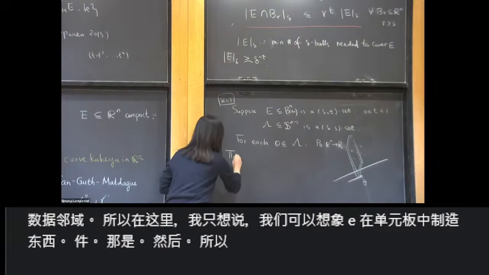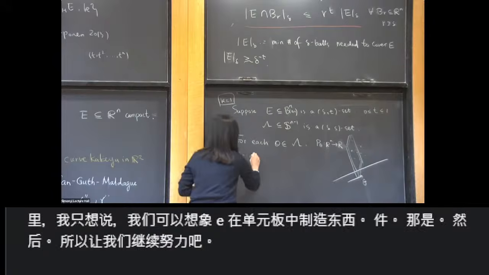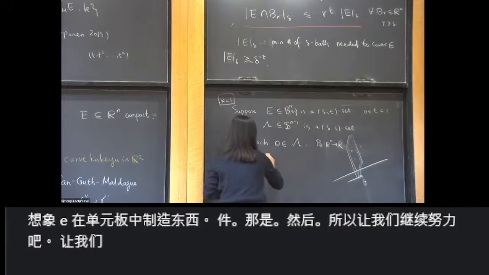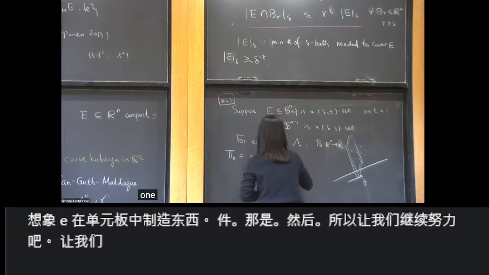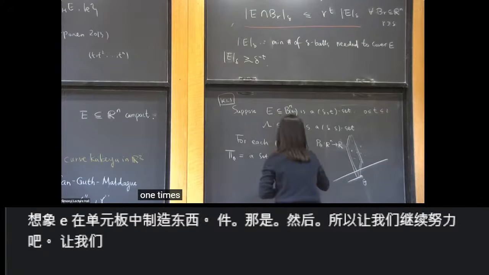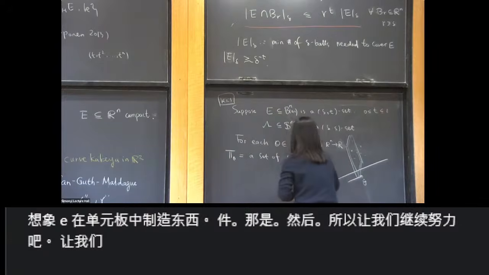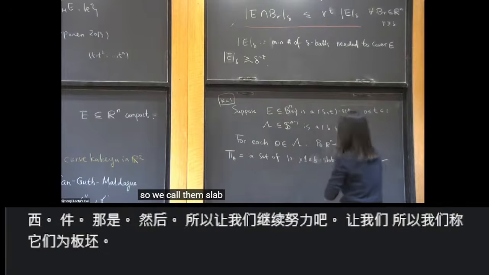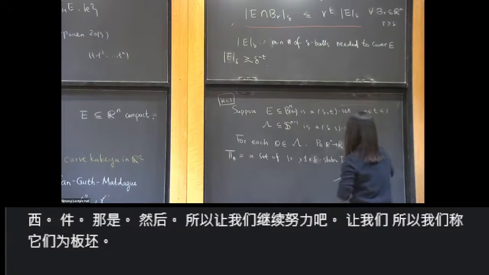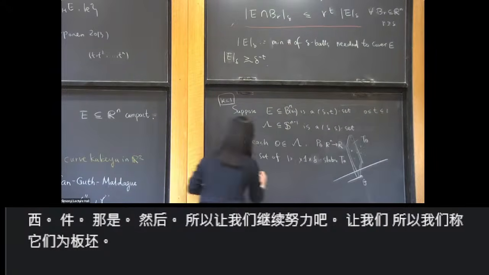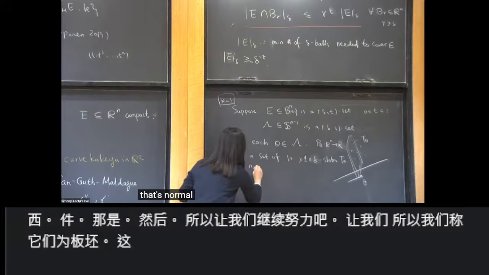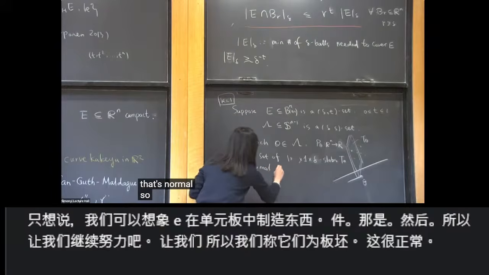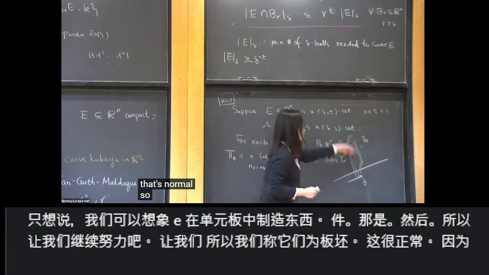And then let T theta be a set of 1 times 1 times delta slabs. So we call them slabs T theta, with normal orthogonal to the theta direction because it's a projection.